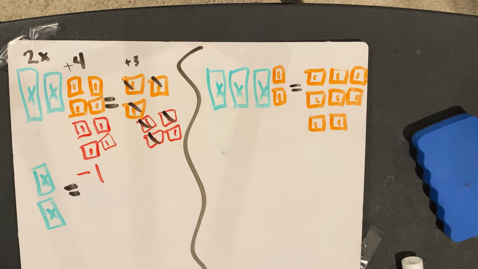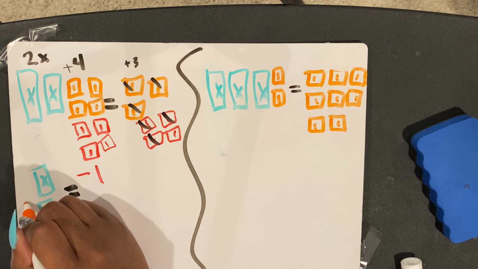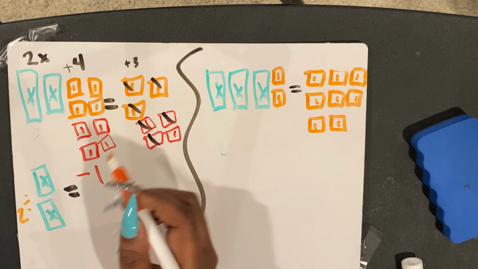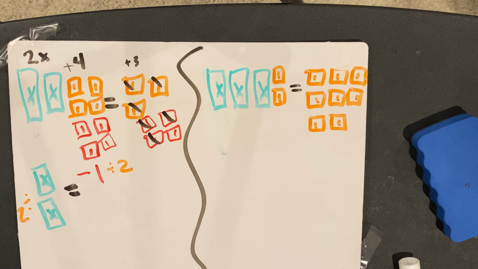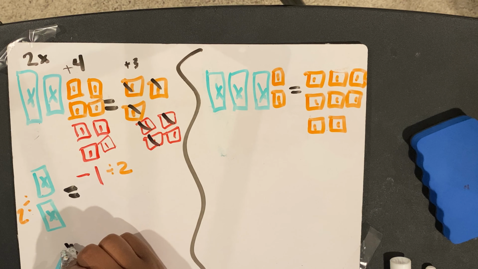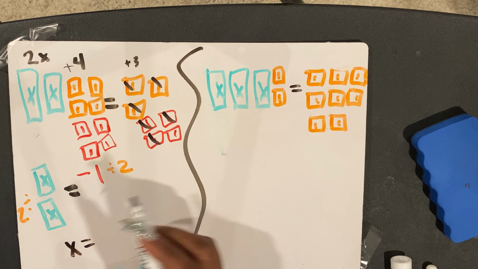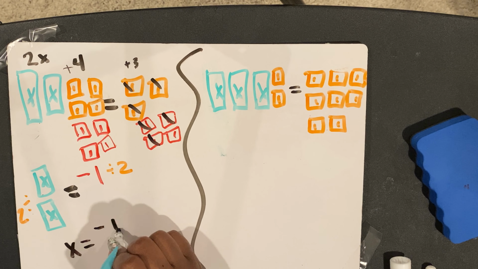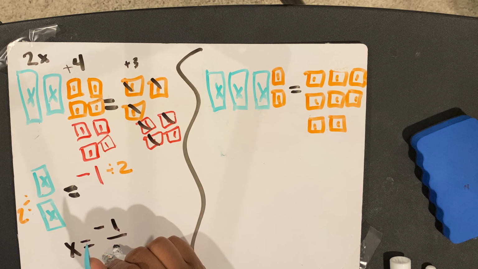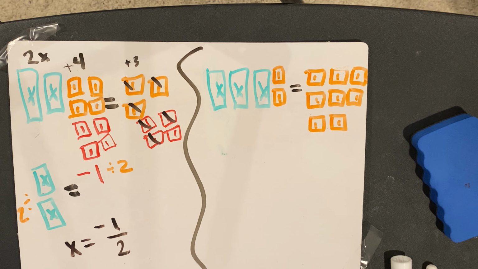When we get over here, it'll make sense. So I'm going to divide 2 of them on both sides. When I do that, that leaves me with just 1x, my negative, and then 1 divided by 2 is just 1 divided by 2 as my final answer.